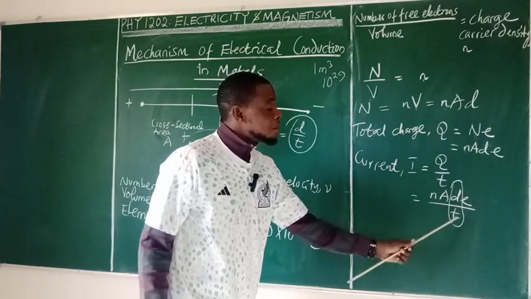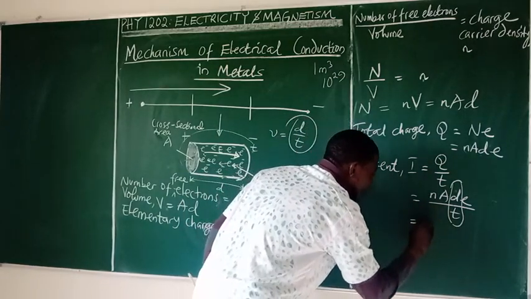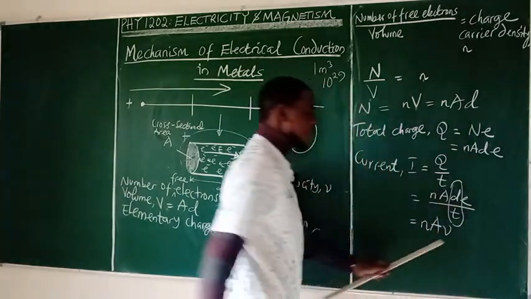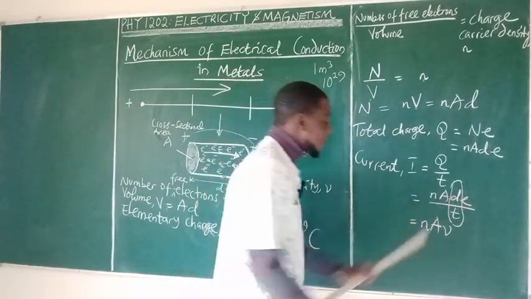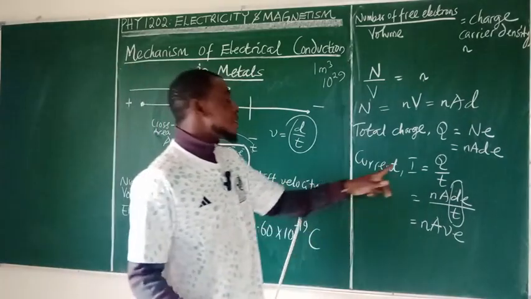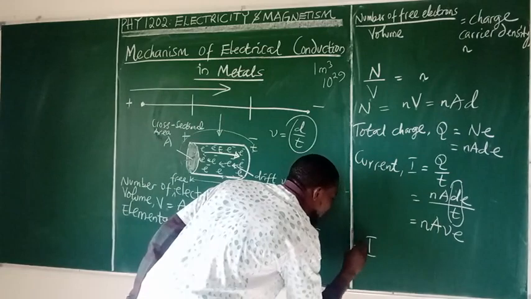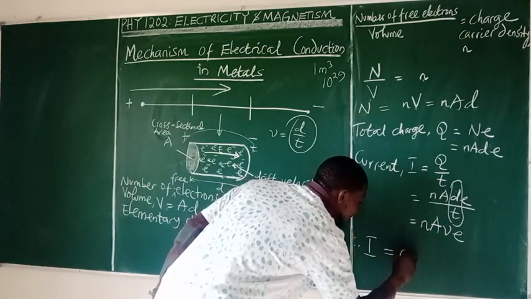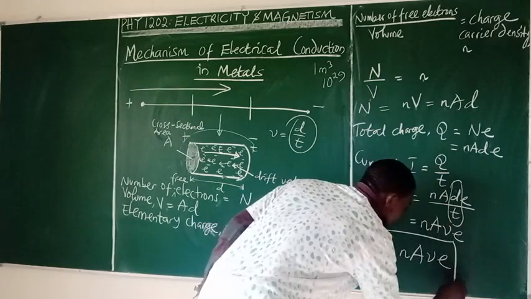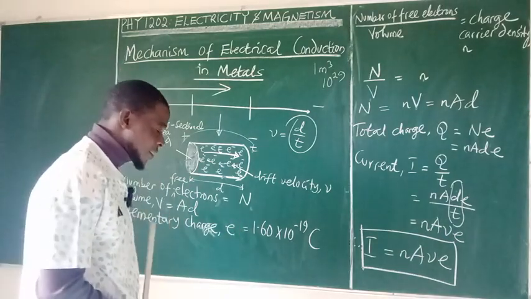So instead of d upon t, I can put v for the drift velocity, and then I put my e for elementary charge. With this, I have derived the formula for calculating the current. So I conclude that I is equal to nAve. This is the formula we use to calculate the current flowing through the conductor.